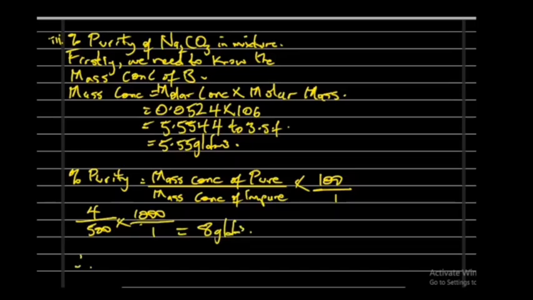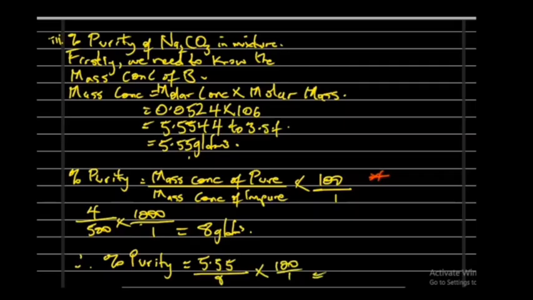So therefore, percentage purity from this formula that we wrote here equals 5.55 grams divided by 8 multiplied by 100 over 1. So that is giving us 69.1%. So this is our percentage purity of sodium trioxocarbonate.